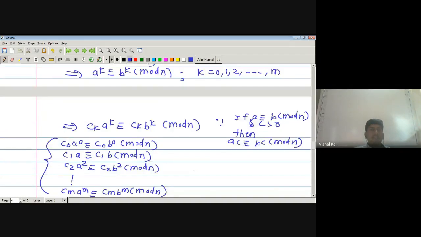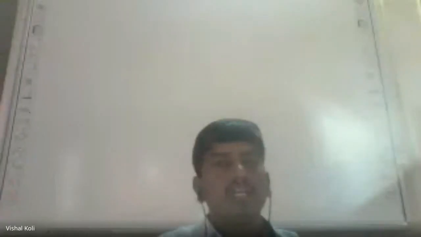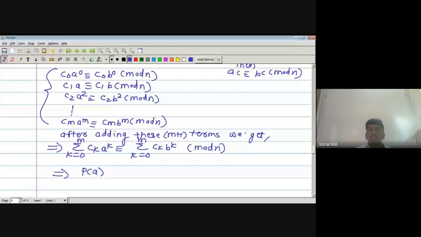Okay, now, by the given, P of x is nothing but the summation, k running from 0 to m, of C_k x^k, with coefficients C_k. Therefore, this is a polynomial in A, which is congruent to the summation, k running from 0 to m, of C_k b raised to k.